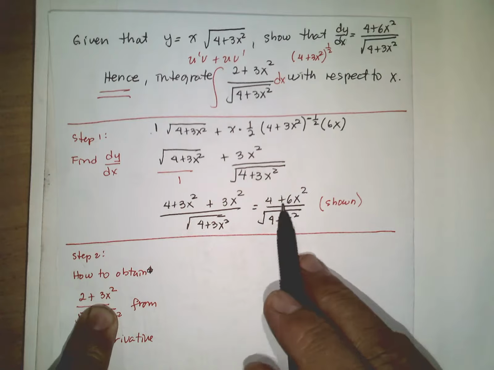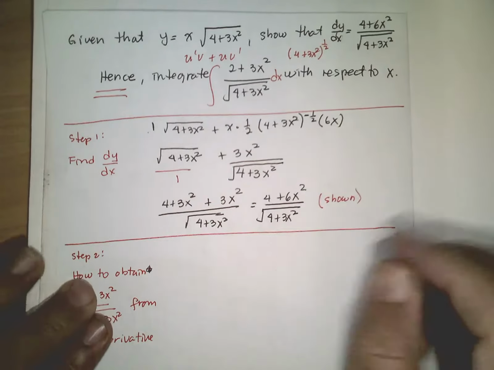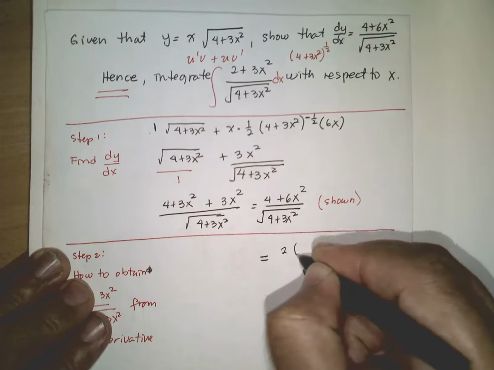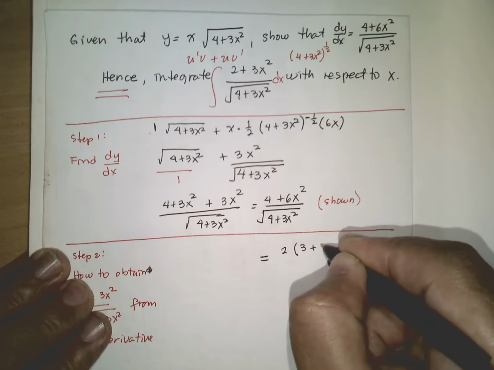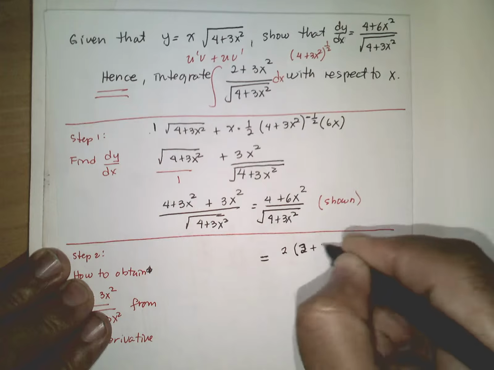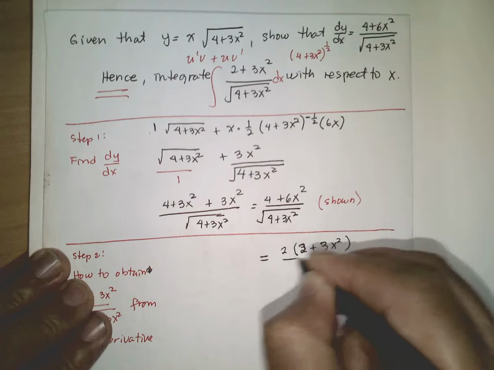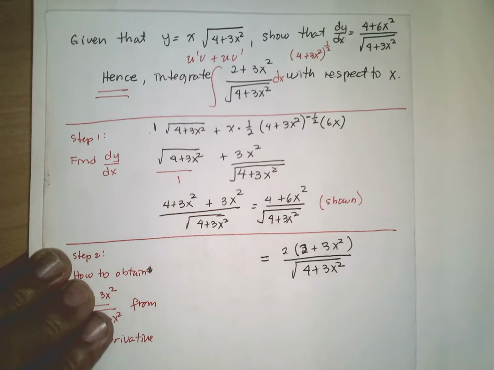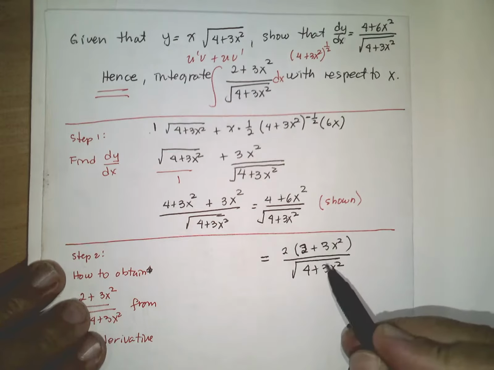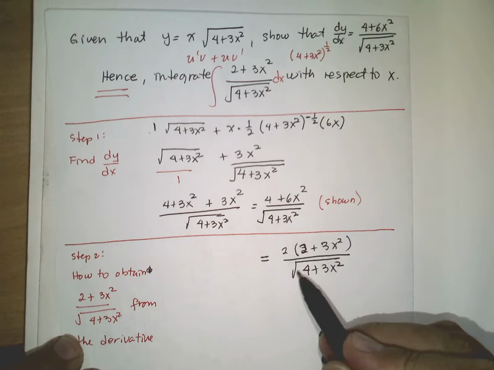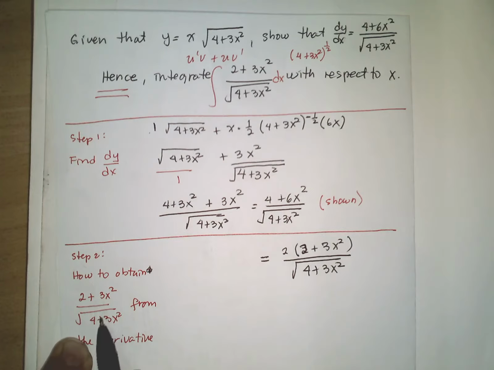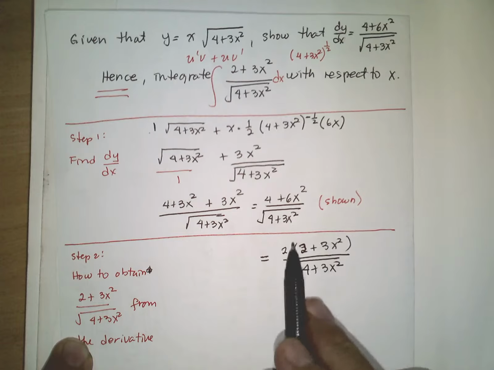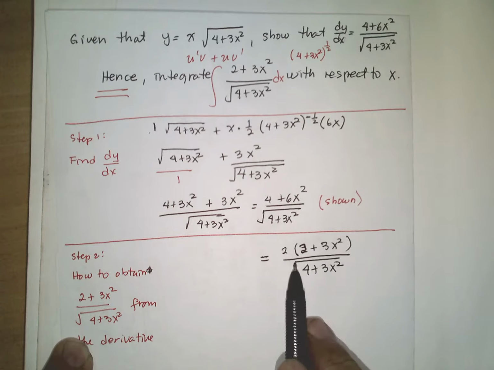This derivative is actually equal to 2 times 2 plus 3x squared all over the square root of 4 plus 3x squared. So this derivative is equal to that. Why do we need to rewrite it this way? Because we want this expression to be taken from our derivative.